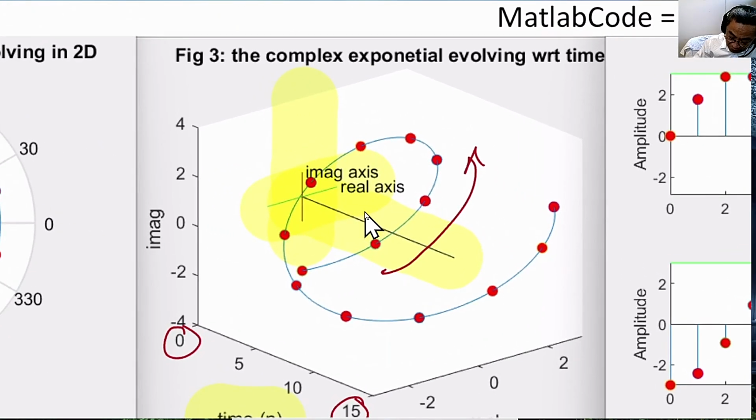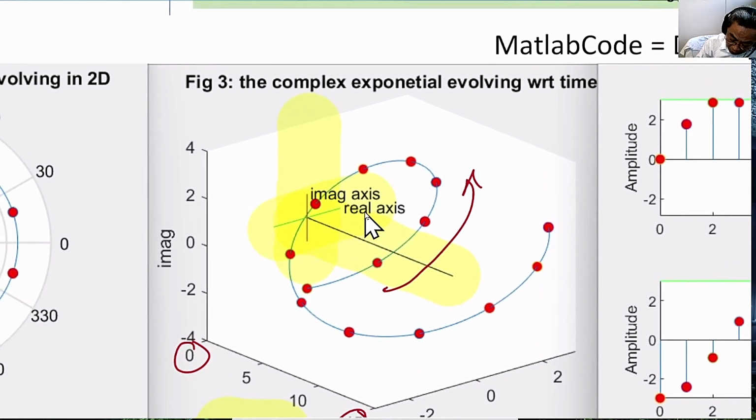So let's see where the first point is. I'm going to use a green circle here, and I will tell you now that this is at n equals 0.